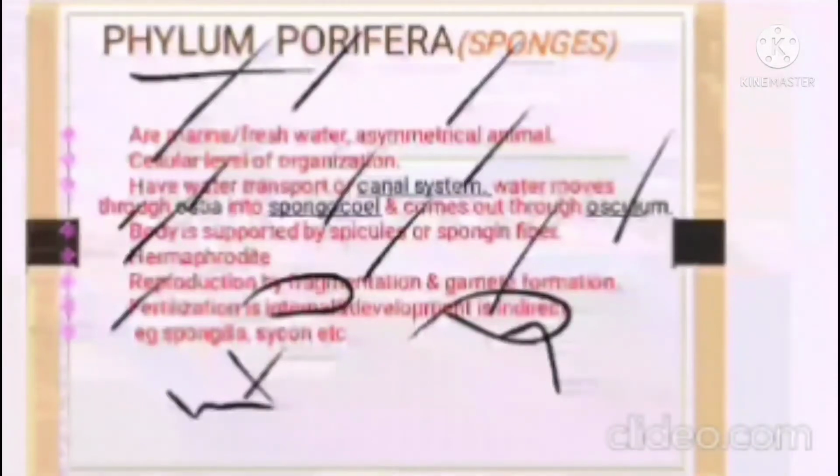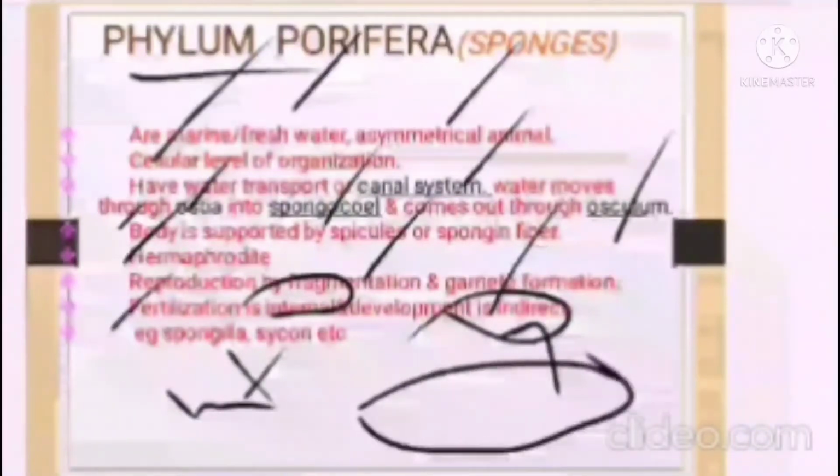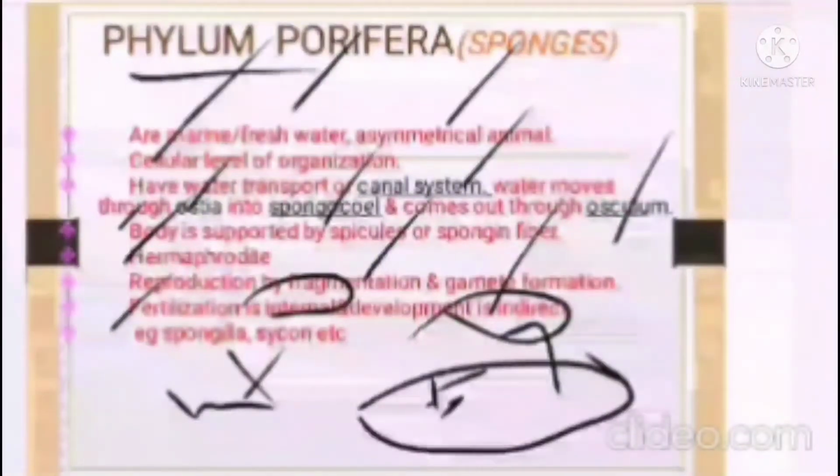Now what is external fertilization then? External fertilization means, for example, the frog. The female frogs lay the eggs in the water bodies. The male also moves towards the eggs and deposits the sperm there.